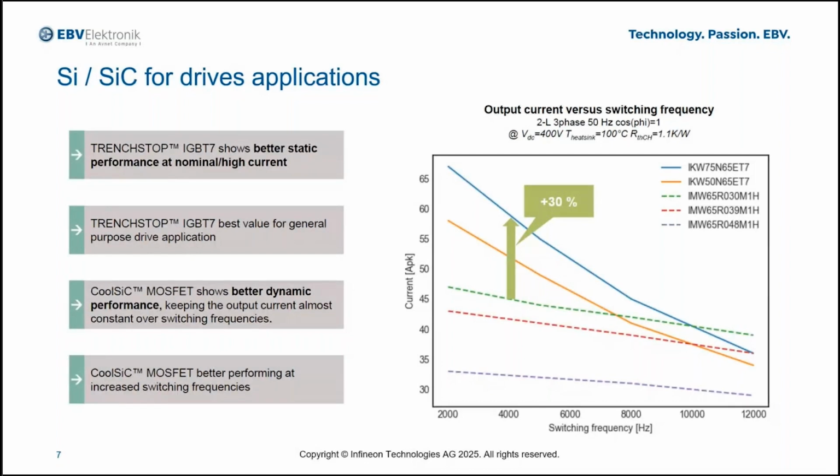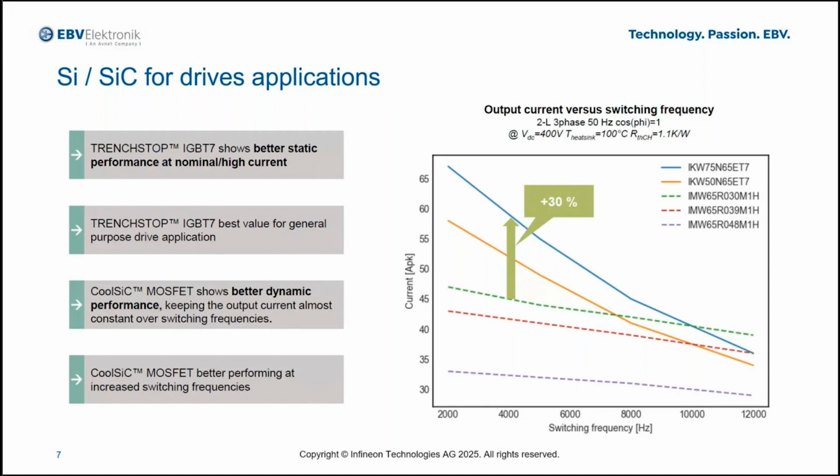So is it then only silicon carbide present in industrial drives? No, because it's always a trade-off depending on the application. For example, the switching frequency of the inverter plays a key role in defining which technology is most suited. All in all, the IGBT7 and IGBTs in general show better static performance at nominal or high currents, whereas CoolSiC MOSFETs show a better dynamic performance, keeping the output current almost constant with variation of the switching frequency.